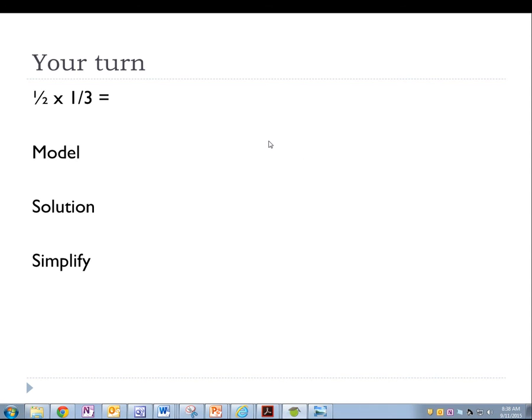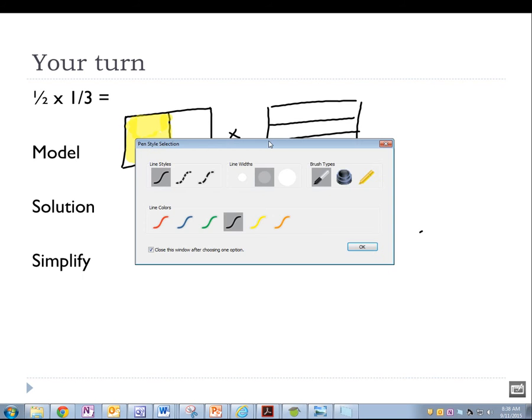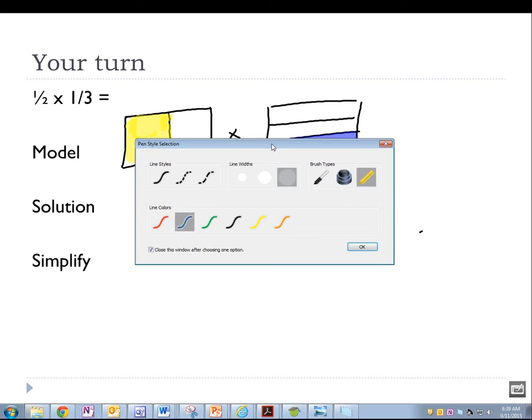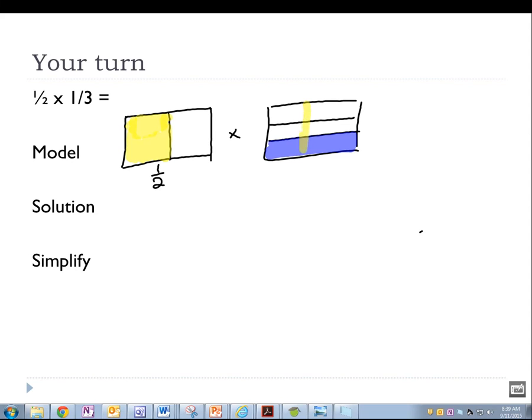Then we have 1/2. Whoops. Say 1/3. I'm going to do highlighter in blue. So I'm going to do 1/3 now. So there's 1/3. Now if I were to superimpose it onto the other one, I would have half of it be like this.